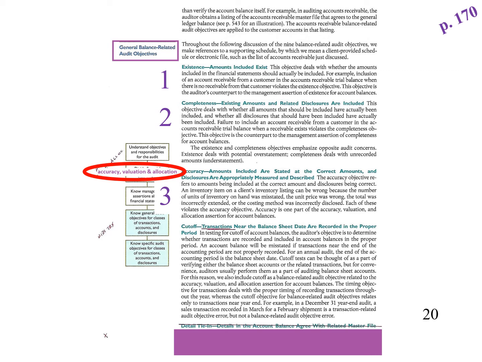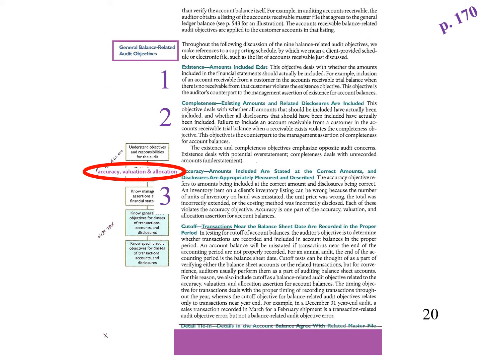Now notice we've got existence. The assertion is general for all balances, and we need to tweak that, if you will, and make it more specific if we're auditing accounts receivable or inventory. We need to make it specific for the account we're auditing. Completeness, accuracy, valuation, and allocation. Now the book separates accuracy, but we're going to just do what we have for the assertions.